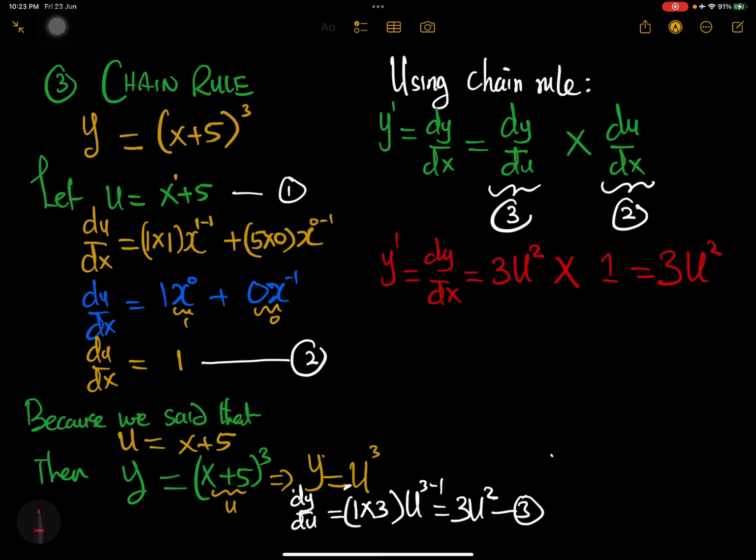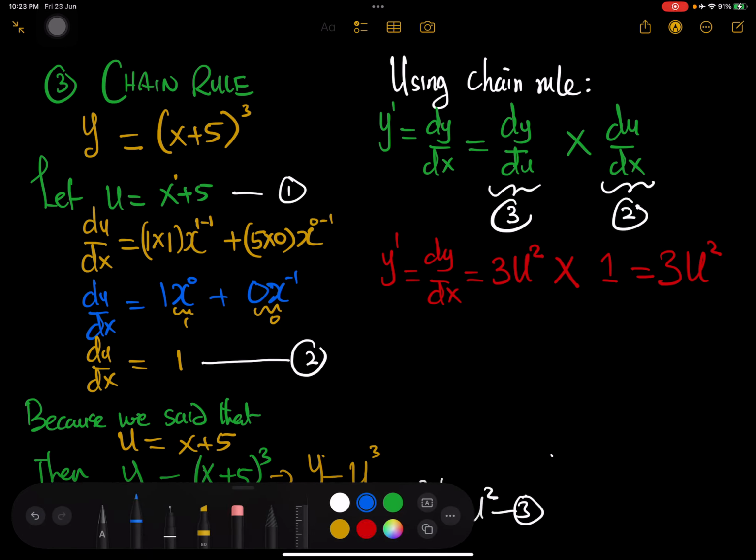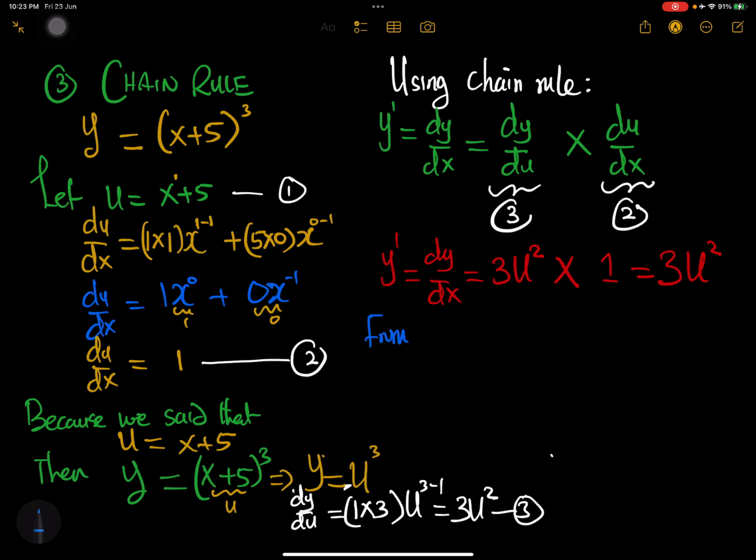Now remember that our u, from equation 1, u is equal to x plus 5. So let's make this equation here equation 4. From 1, u is equal to x plus 5.